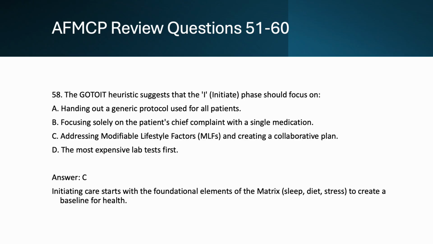B is incorrect because in functional medicine, they look at the root cause, not just the chief complaint, and they use a variety of modifiable lifestyle factors and supplements, rather than just using one single medication. D is incorrect because labs are only ordered when it's essential and the cost is irrelevant. So overall, the correct answer is C.